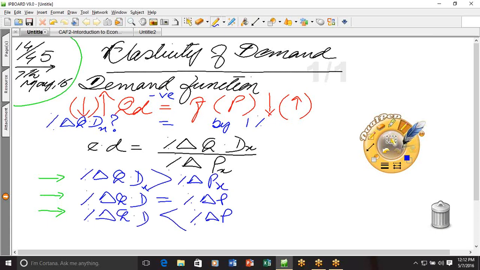There are three possibilities. Either percentage change in quantity demand is more than percentage change in price, or equal, or less.